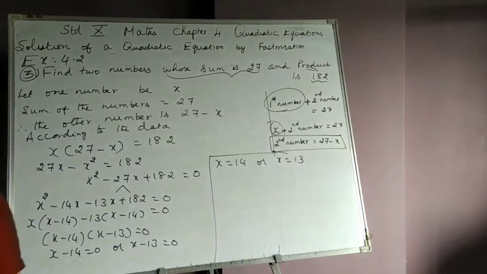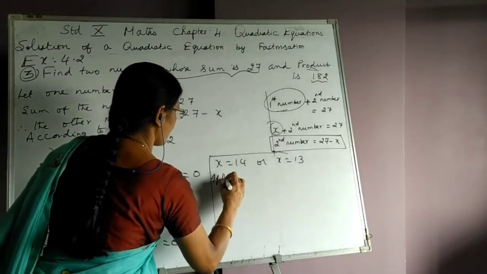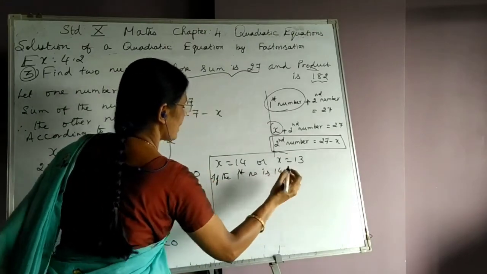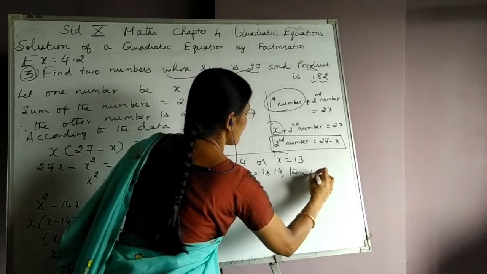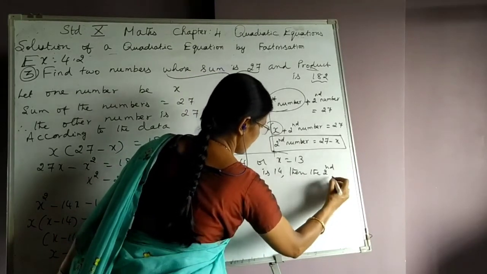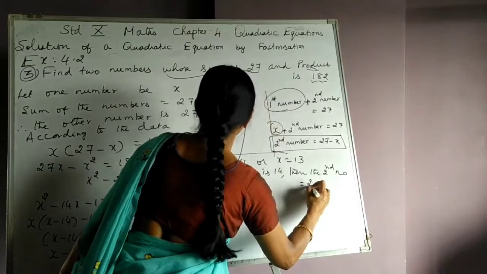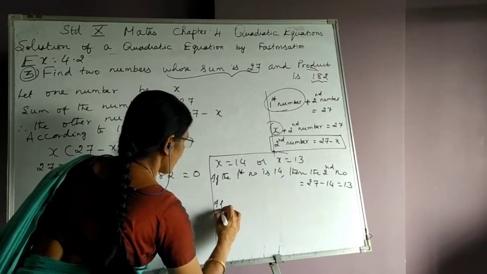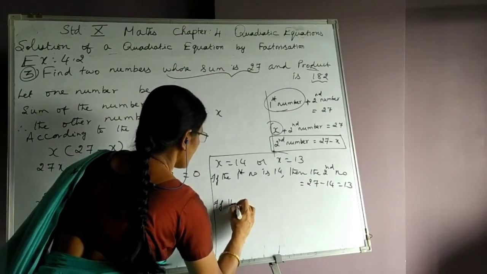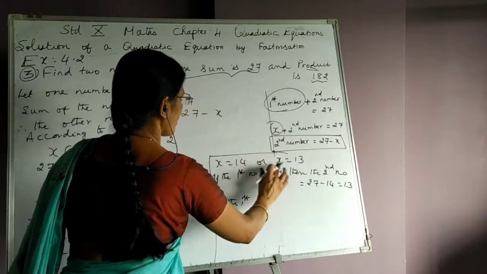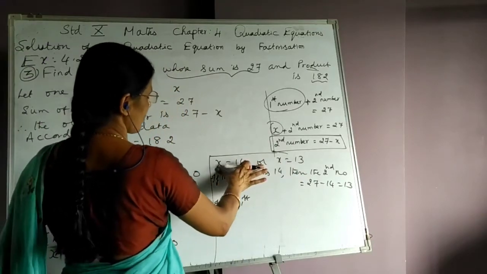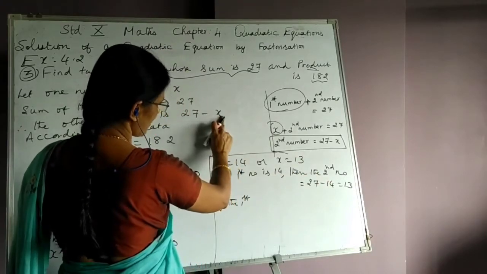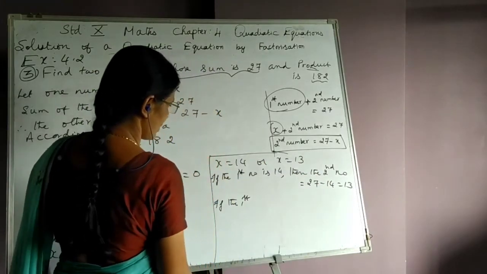Suppose if the first number is 14, then the second number is 27 minus 14, which is equal to 13. If the first number is 13, because there are two options for x. x means what? It is the first number. Therefore, if the first number is 14, the second number we have taken as 27 minus x. Substituting, we get it is equal to 13.